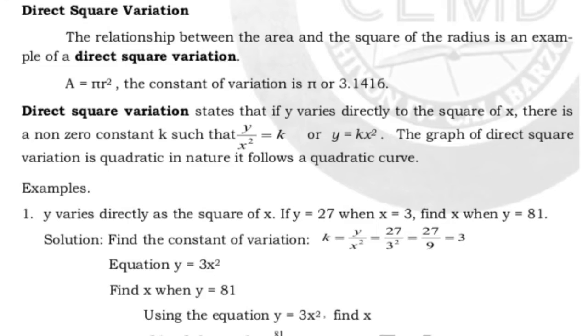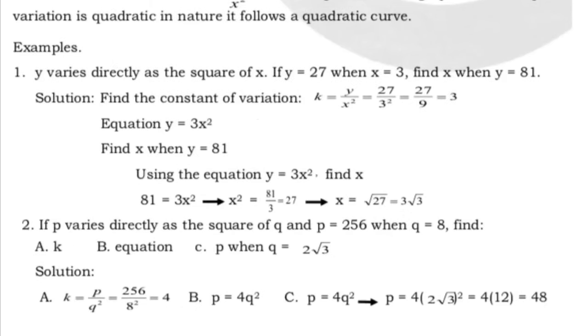The graph of direct square variation is quadratic in nature. It follows a quadratic curve. Now let's have examples. Number 1, y varies directly as the square of x. If y equals 27 when x equals 3, find x when y equals 81.